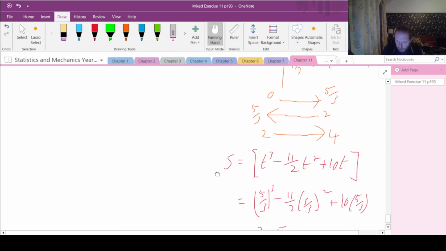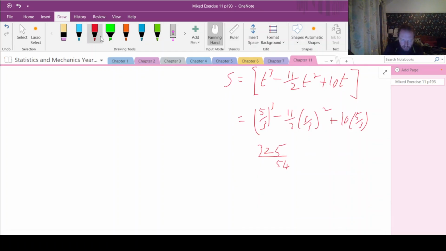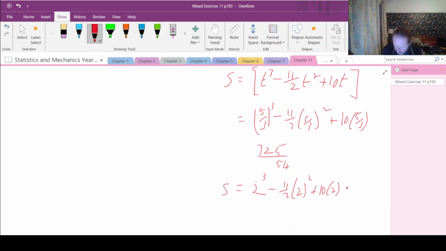And then we wanted to do it again between 5/3 and 2. So if we do s at 2, 2 cubed minus 11 over 2 times 2 squared plus 10 times 2, and then we're going to be taking away what we got for 5/3, so we'll be taking away 325 over 54.